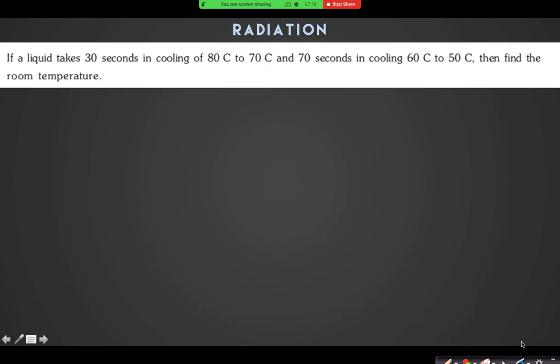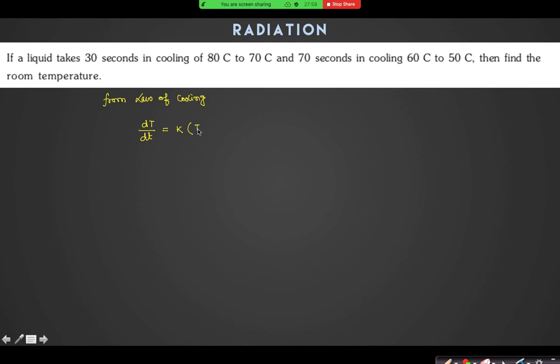Have we done this question on Newton's law of cooling? Not done yet, right? It takes 30 seconds to cool from 80 degrees to 70 degrees, and 70 seconds to cool from 60 to 50. So from Newton's law of cooling, do you remember what that law was? dT by dt is proportional to, yes, dT by dt is equal to some constant into the temperature difference.